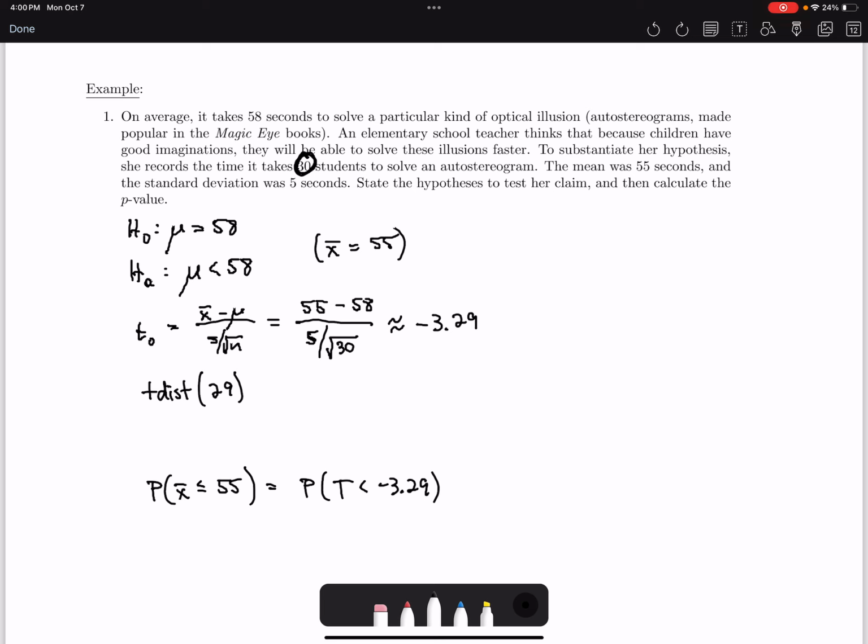So in the t-distribution, we're not going to have a minimum. We'll just say it goes to negative infinity, and for our maximum, we'll use negative 3.29. This is our p-value, by the way.